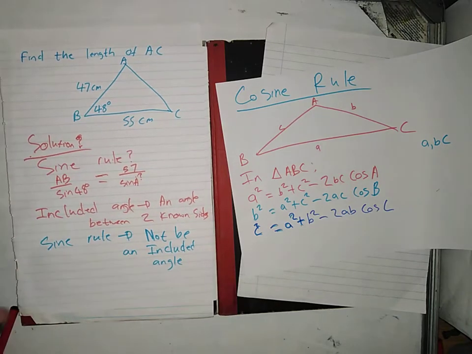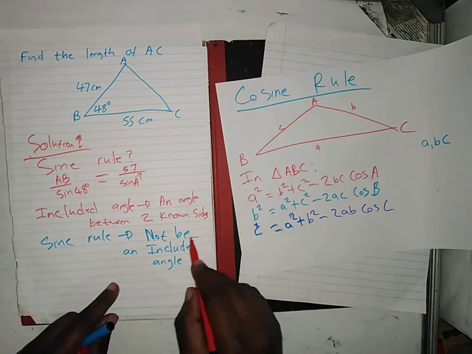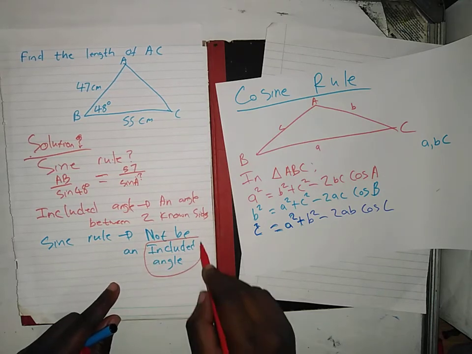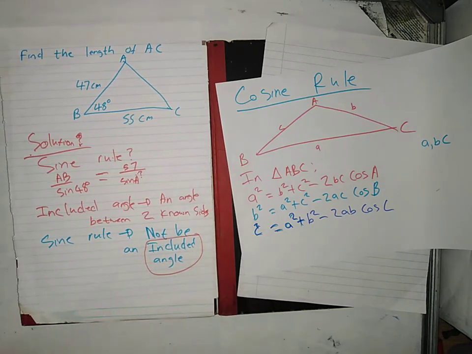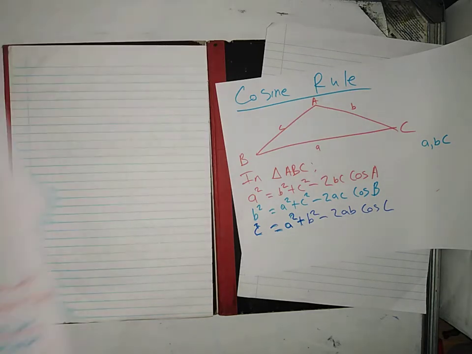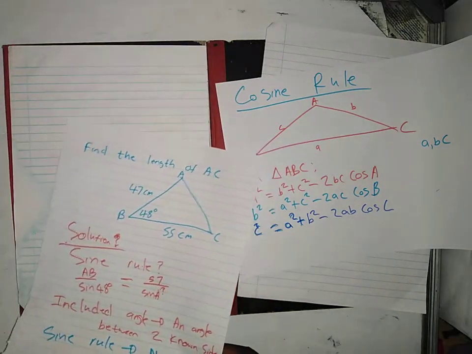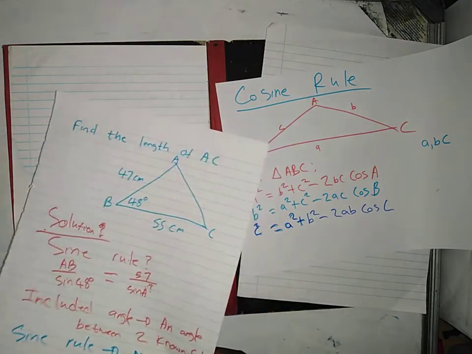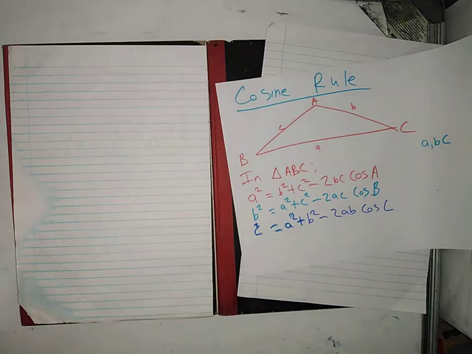So you can have an angle in Sine Rule, but it must not be an included angle. Once it is an included angle, then you can no longer use Sine Rule. Now, what about Cos Rule? Ladies and gentlemen, in Cos Rule, it must be an included angle. So that then leads us to another condition that you must put forth when it comes to Cos Rule.